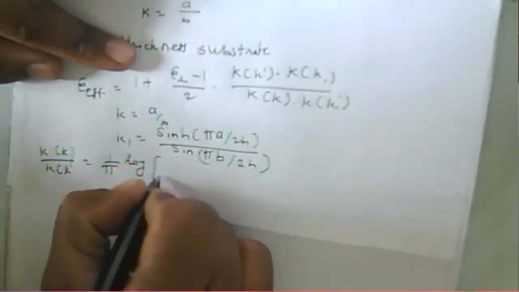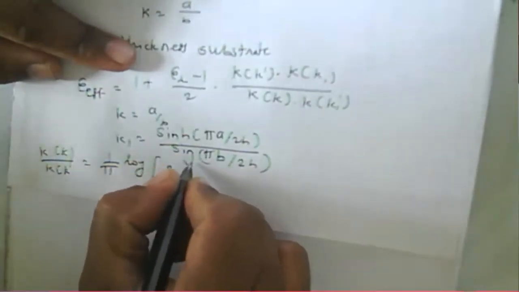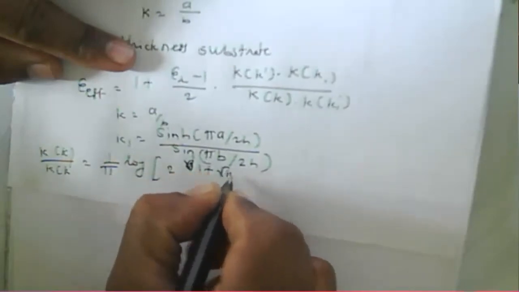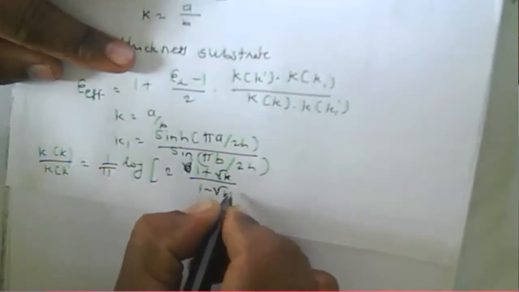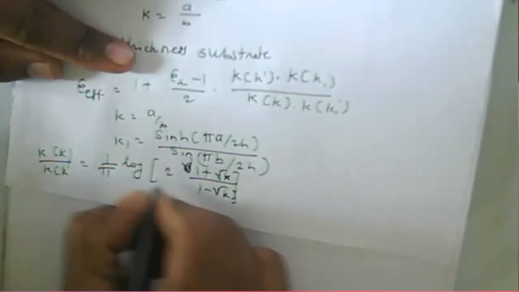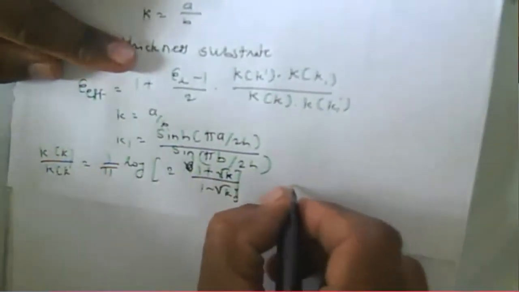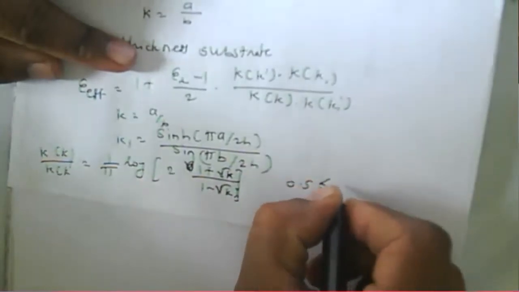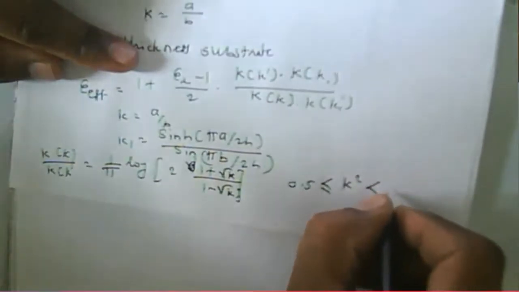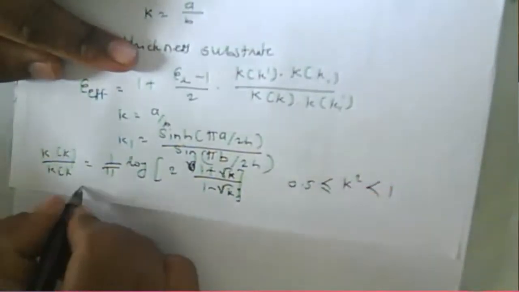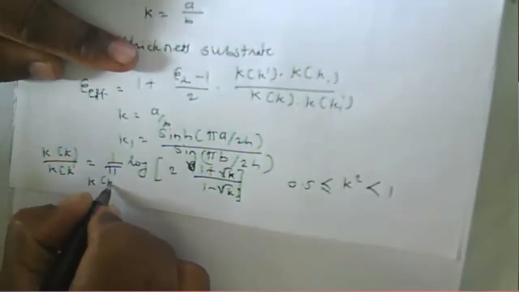Then we can calculate K of k by K of k dash, which is equal to 1 by pi log of 2 times (1 plus root k) divided by (1 minus root k).